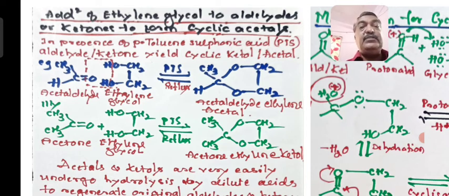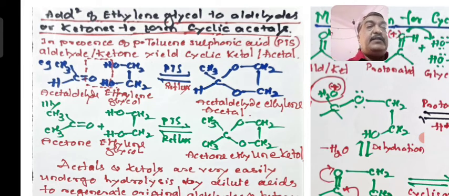That means the O of the aldehyde and two hydrogens are eliminated as a water molecule, and cyclization occurs to give your cyclic product. With reference to acetone, I have shown acetone ethylene ketal. With respect to aldehyde, it will form acetaldehyde ethylene acetal. Correspondingly, whatever kind of aldehyde or ketone is used, that name is used.